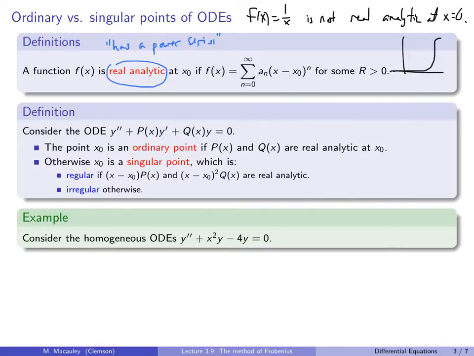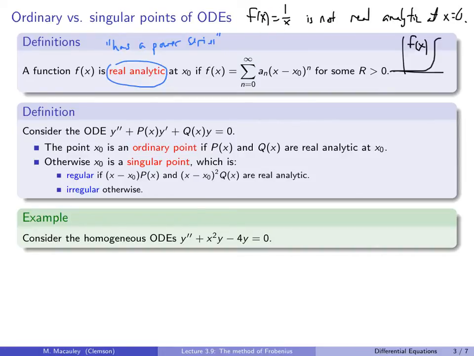So the function is indistinguishable from the 0 function in terms of Taylor's formula, but it's not the 0 function. It's continuous and differentiable and so forth. Those functions exist. They're out there. You're never going to see them. Don't worry about them. For this class, real analytic just means it's defined. So this is not real analytic.